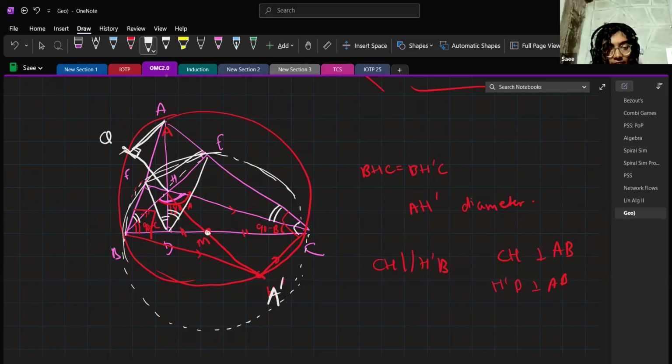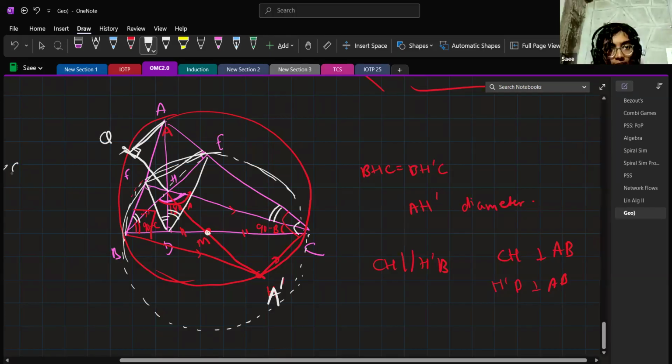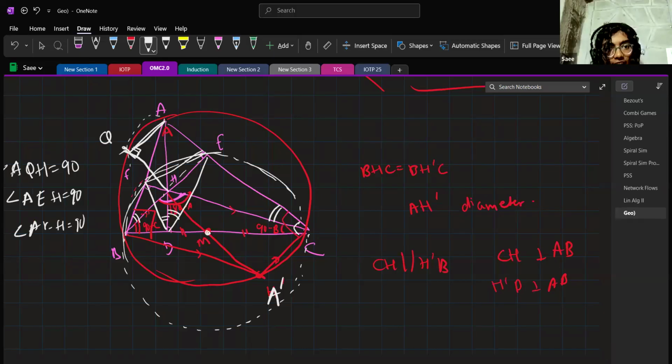And in fact, we have angle AQH is 90. But we also have AEH is 90 and angle AFH is 90. So we get this very nice circle of A, Q, F, H, and E. In fact, this configuration is very, very, very rich.